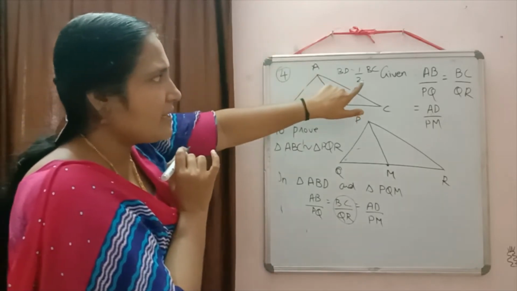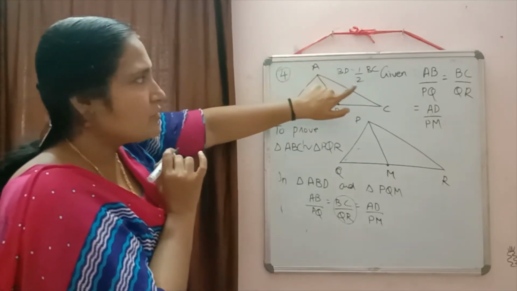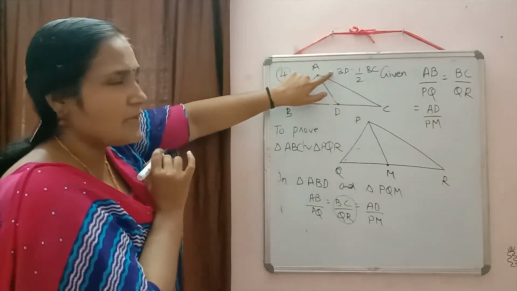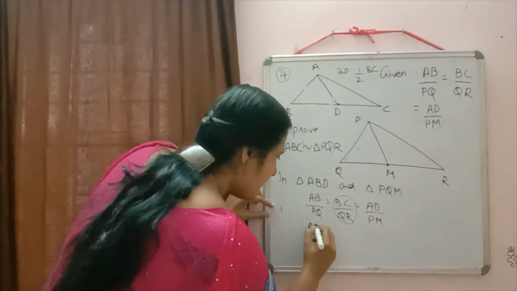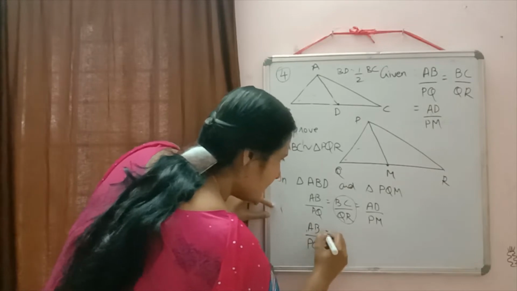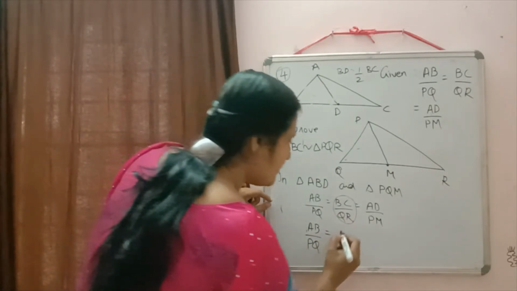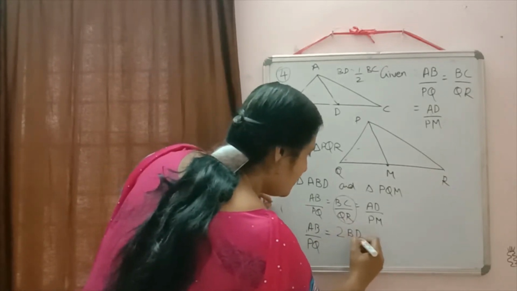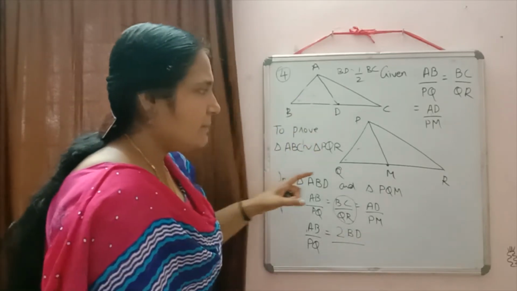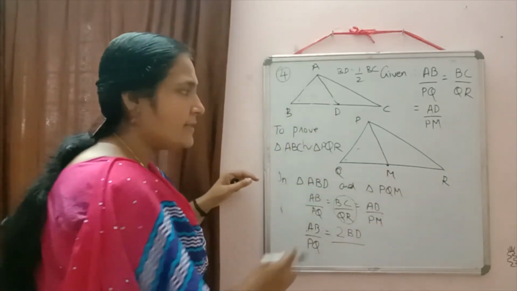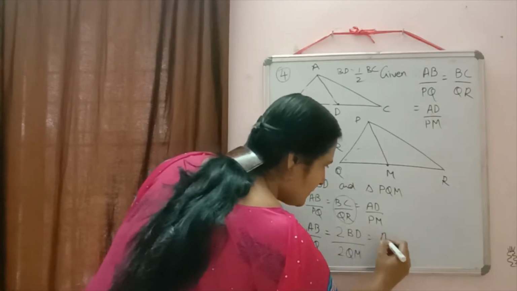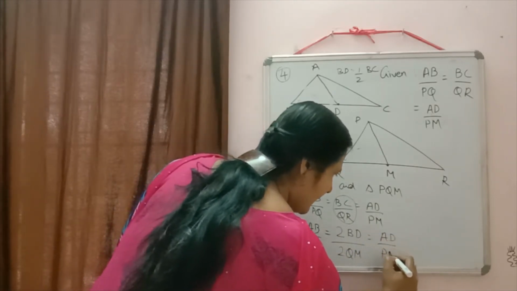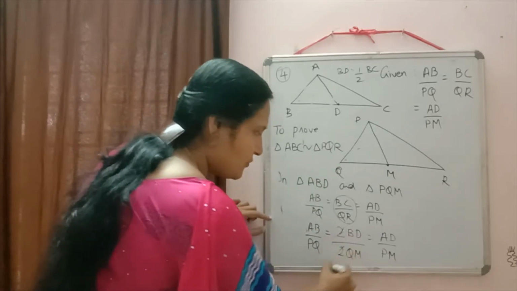Or we can rewrite BC and shift the 2 here. So in place of BC, what can we write? 2BD. I am going to write AB by PQ as it is, and in place of BC I will write 2BD. Similarly, in place of QR, I will write 2QM, equal to AD by PM. So the 2 and 2 will get cancelled.